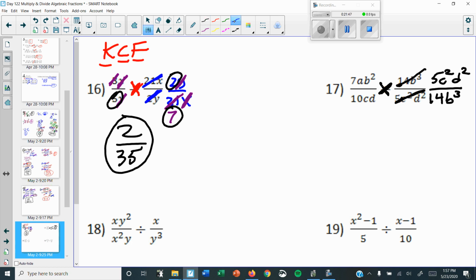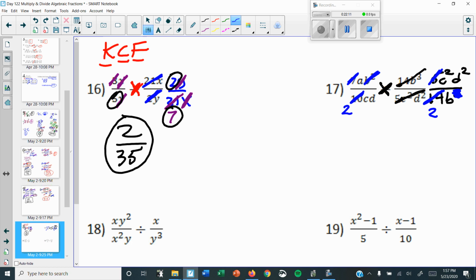Let it begin. Okay, 7 goes away. 14 becomes a 2. Okay, I can't do anything with the a. B squared, there's 2 of them, so those all go away. And there was 3 down here, so you can take away 2 of them. So you're left with only 1. What else can I do? The 5 and the 10, you can take a 5 out, so that becomes a 2.